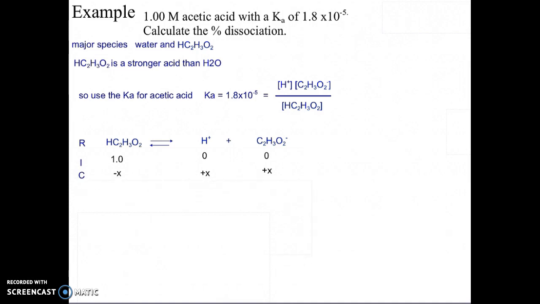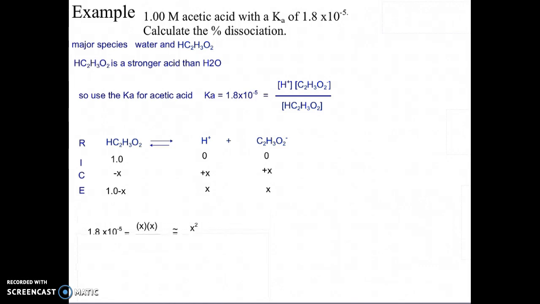When we know the initial concentration is 1, we know that we haven't allowed for the hydrogen or the acetate ion to dissociate yet, but we know that there is going to be a change, so that's where I have the minus x and the plus x. The equilibrium line would be that 1.0 minus x would equal x times x. So what goes into the Ka expression is that equilibrium line.